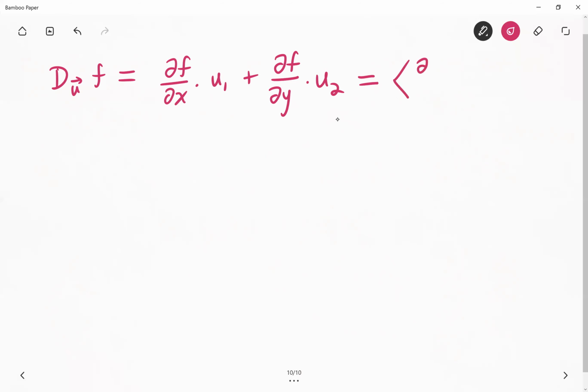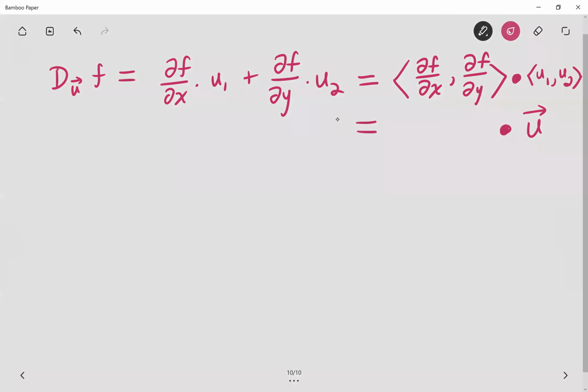We could write this as df dx comma df dy dot product with the vector u, u1 comma u2. And so it's like we're calculating a dot product with a direction that we're interested in moving in. Dot products have made yet another appearance.